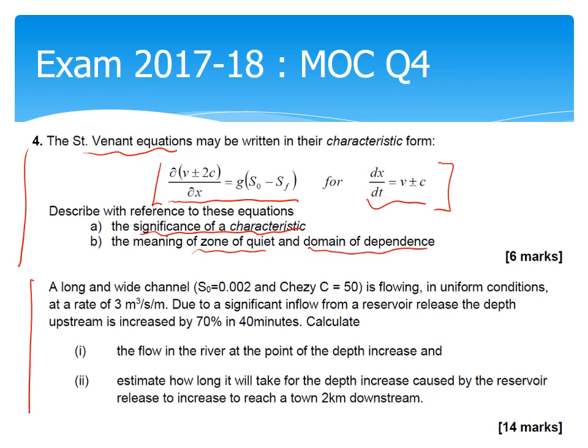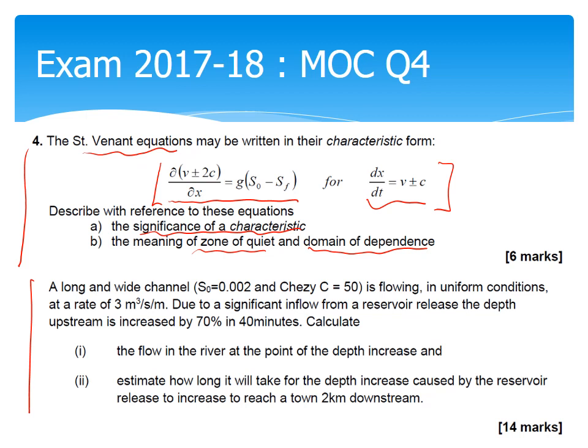You need to get these clear from your notes: those define where information is coming from to a particular point in time and space, and how that information, the depth change and velocity changes, can affect upstream or downstream and further forward in time.